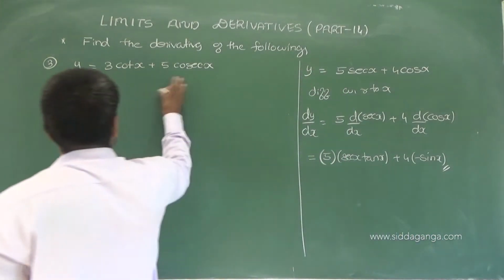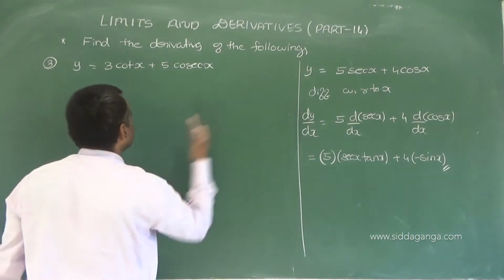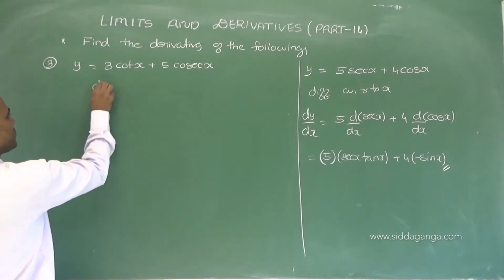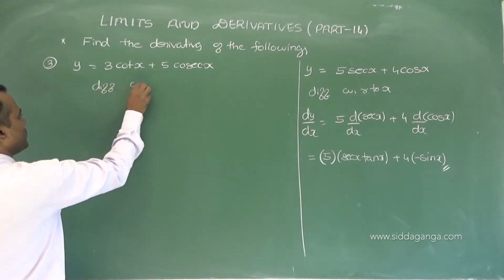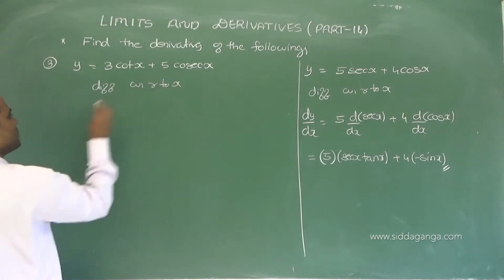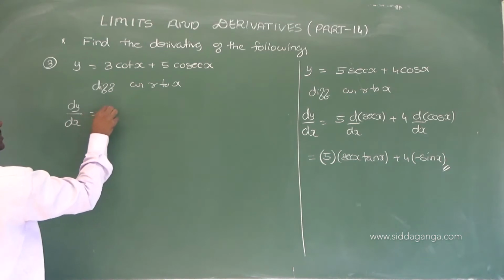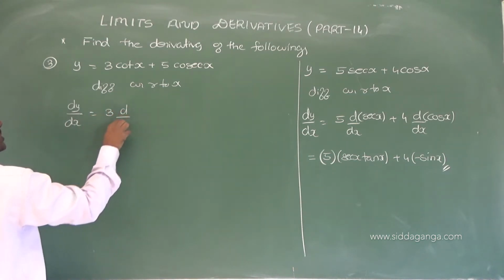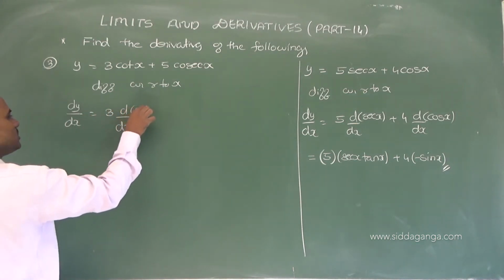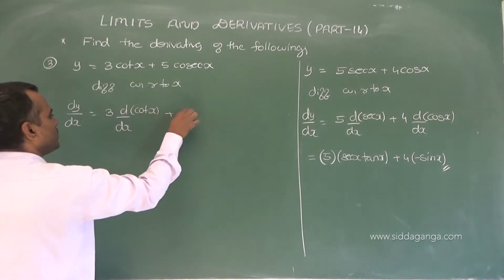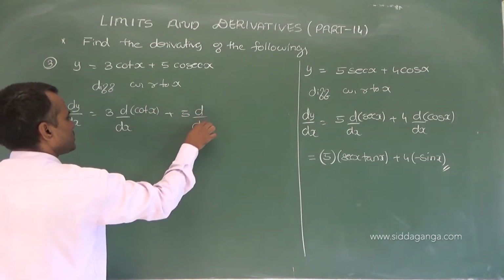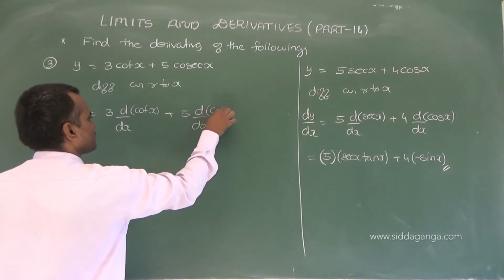So same, what we do here, we continue: differentiate with respect to x, y with respect to x, dy by dx, 3 into dy by dx of cot x plus 5 into d by dx of cosecant x.